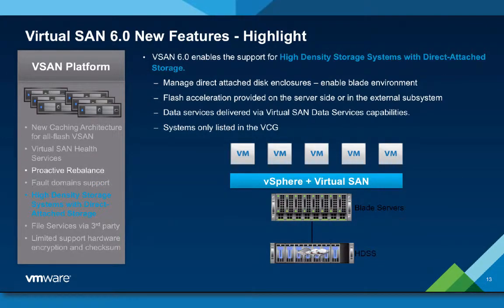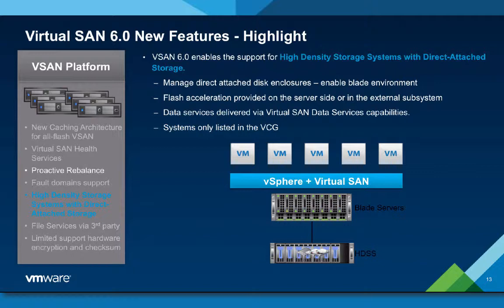Another cool new highlight is the introduction of direct attached storage support. So before, in order to use vSAN, you could only leverage the storage that was local to the host that was being deployed in the cluster. And this was kind of the inherent ideology behind vSAN. Now we have the ability to, again, adopt that Pinocchio effect and jump out into the real world a little bit.